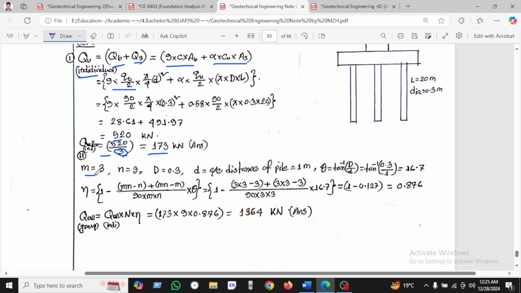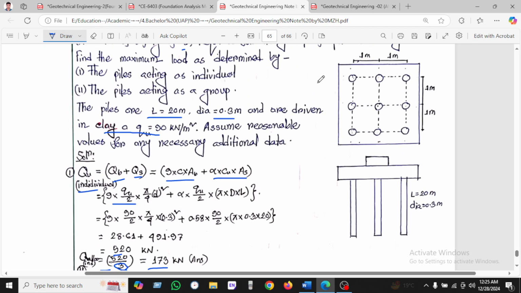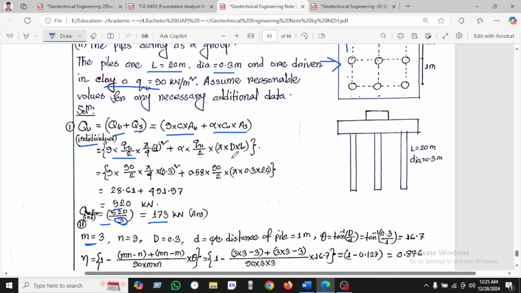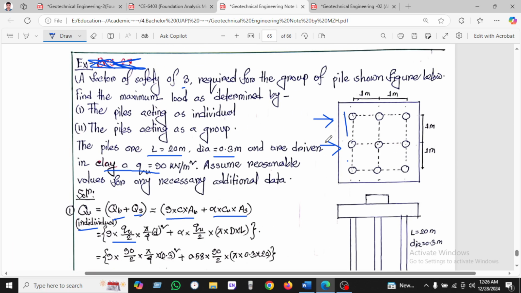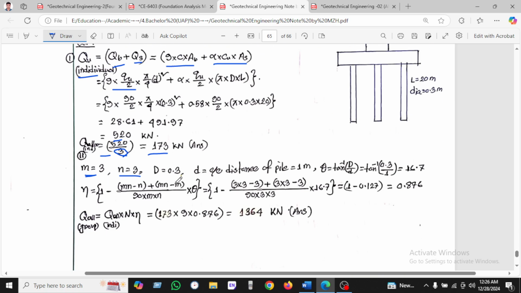Now we will use the efficiency factor, m equal to 3. Looking from the x direction we find 1 to 3, and n equal to 3, also looking from the y direction 1 to 3, and the diameter is given as 0.3, and d equal to 1 meter is given, and theta equal to 16.7.